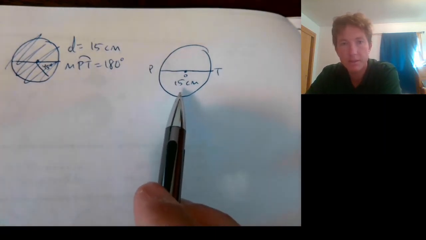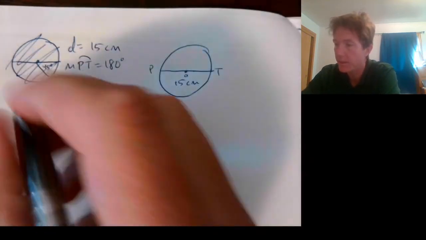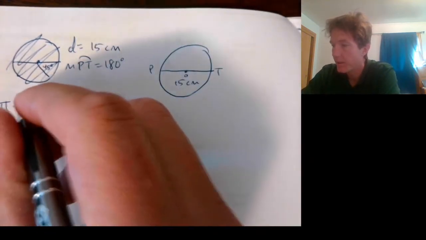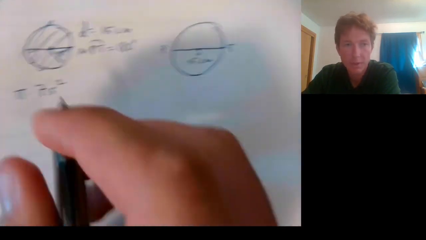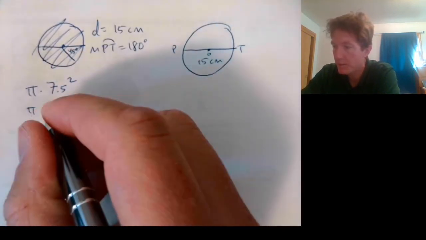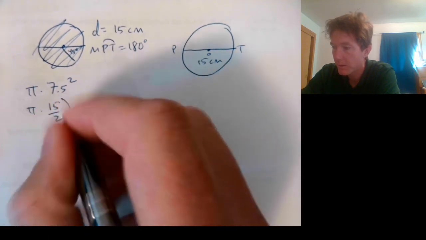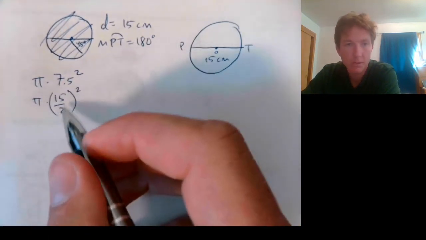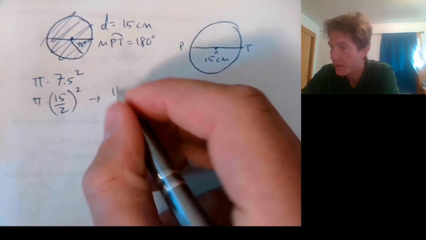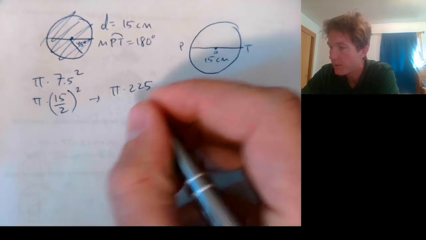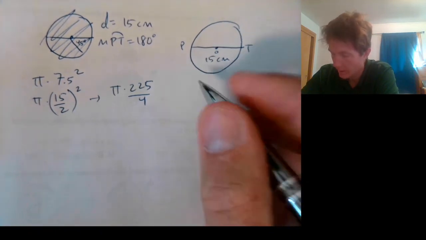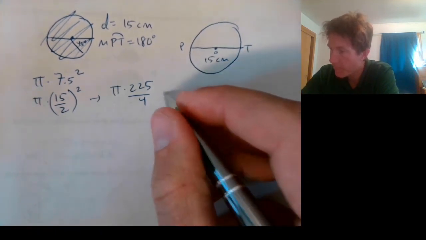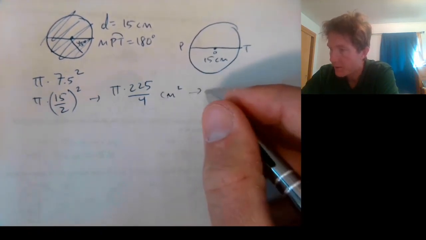So 15 is my diameter, so I need radius. Radius here is going to be 7.5 squared. I like doing these in fractions because you can easily square each number. This is going to be pi times 225 over 4. And that's going to be centimeters squared. So this is the area of my circle.